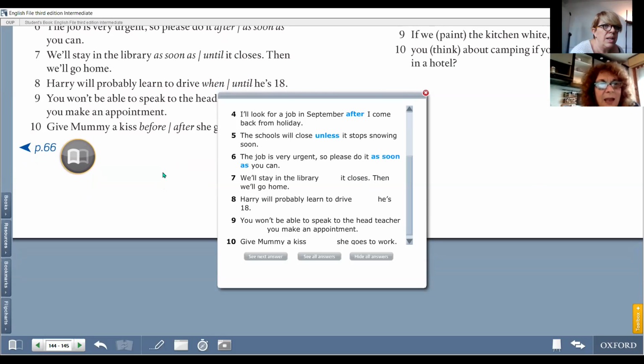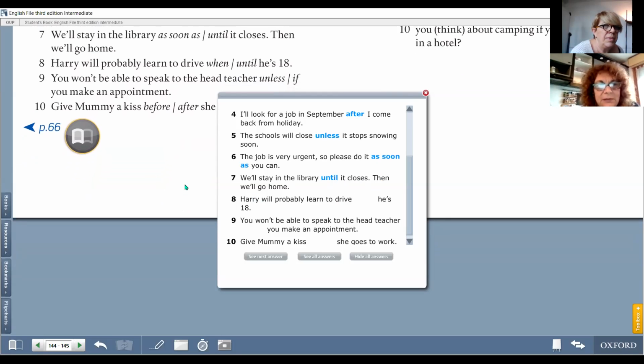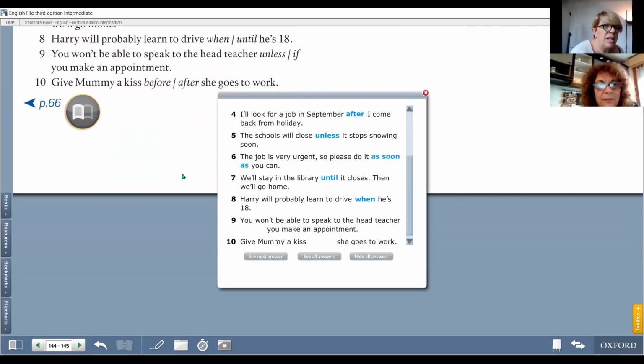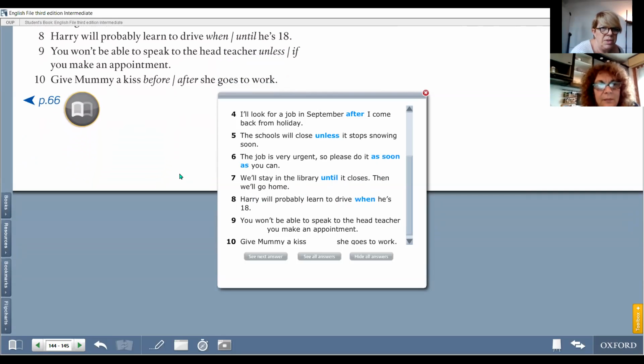We'll stay in the library until it closes. Then we'll go home. Good. Eric will probably learn to drive when he is 18. Good. You won't be able to speak with the head teacher if you make an appointment.